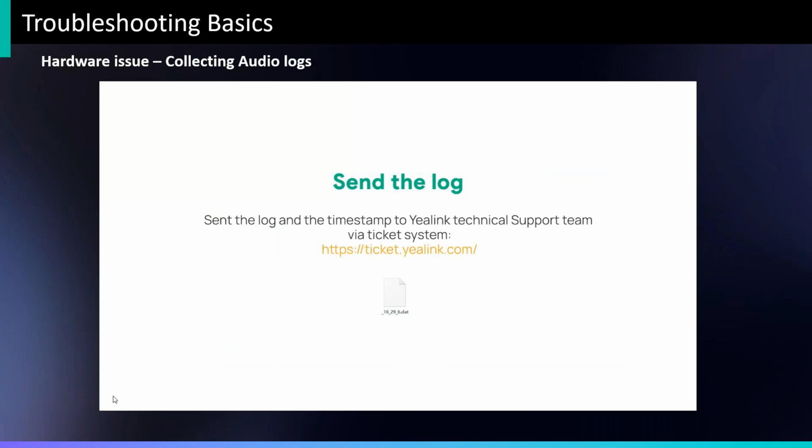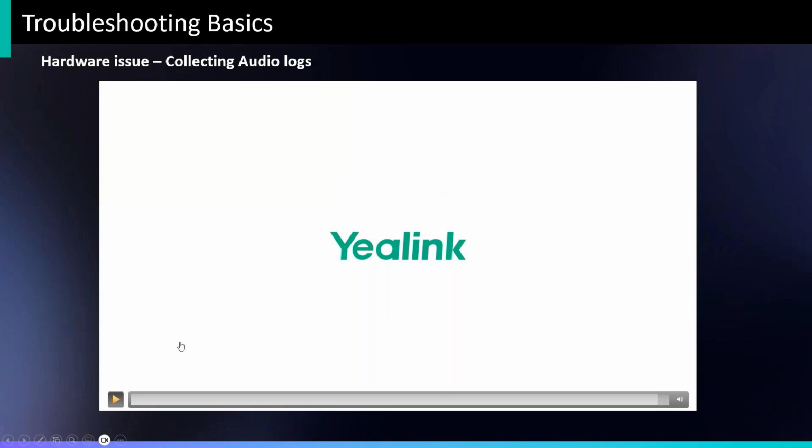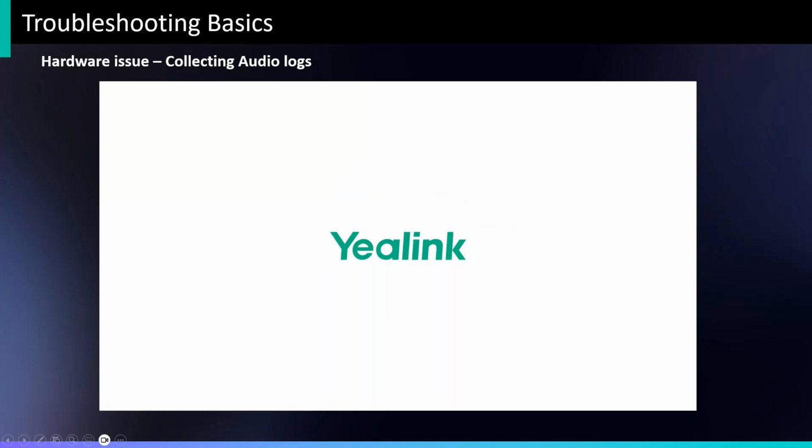Finally, send the log and the timestamp to the Yealink technical support team via the ticket system. Okay, the passwords will have changed, so they force you now to use a different password, so it most likely will not be four times 0 anymore. And then the logs you send to us.